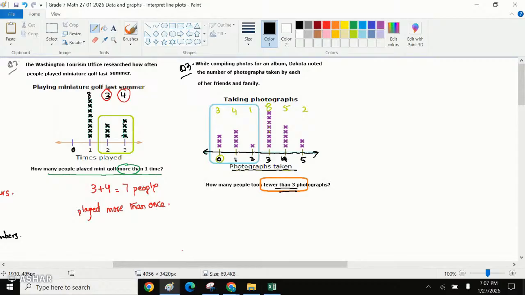Less than 3 means they could have taken 2 pictures, 1 picture, or none. So less than 3 would mean 3 plus 4 plus 1. 8 people took less than 3 photographs, right?